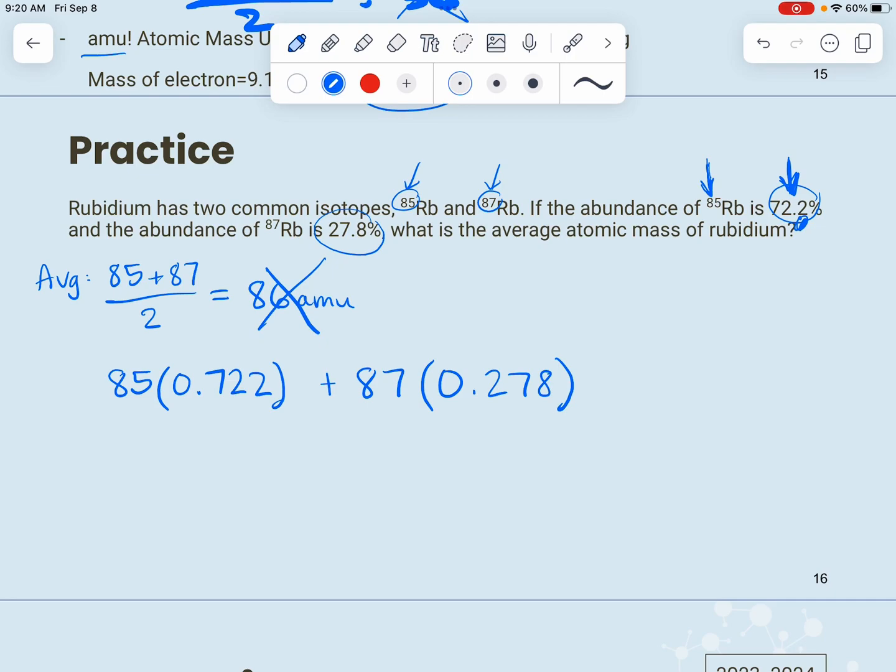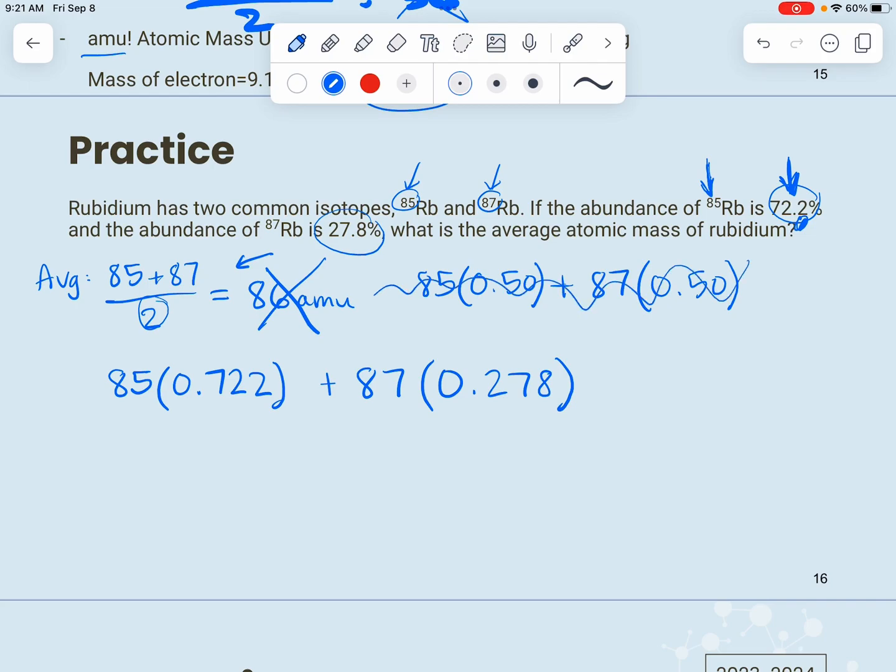It's almost like if in our original average calculation, instead of dividing the whole thing by 2, we did 85 times 0.5, like as if it was 50%, plus 87 times 0.5, as if it was 50% of our average, okay? As if we were dividing each by 2, all right?